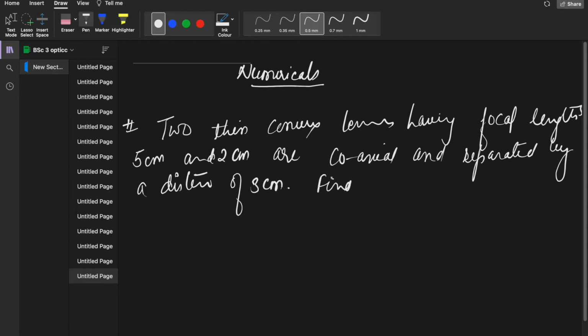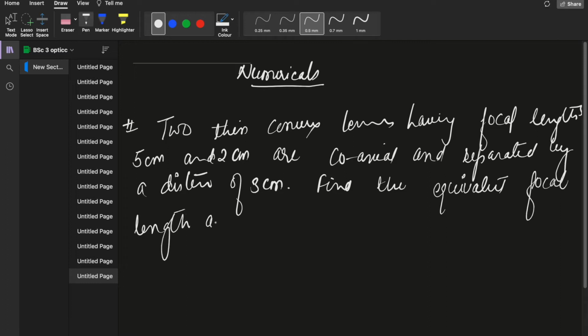Find the equivalent focal length and the positions of principal points.